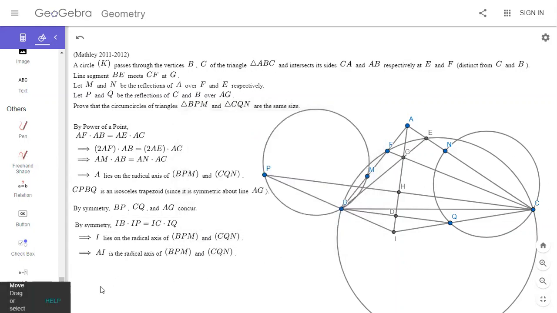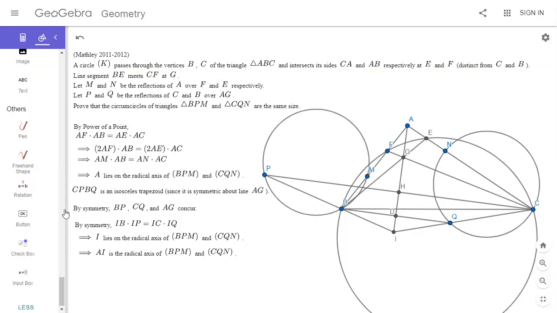Could you explain the collinear part between AG, CQ, and BP? Oh, so basically P is a reflection of C over AG, and B is a reflection of Q over AG. Yes, the problem statement says P is a reflection of C over AG. So by symmetry, those have to concur. So AI has to be the radical axis of those two circles.